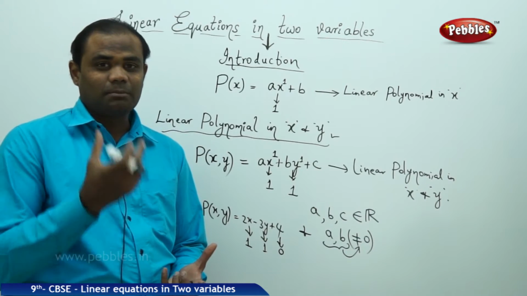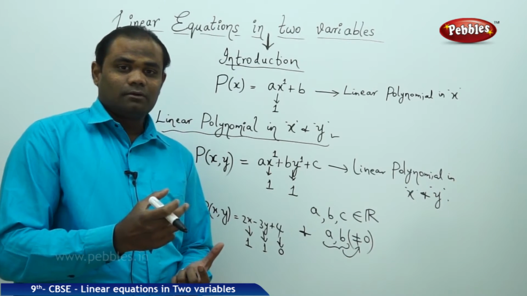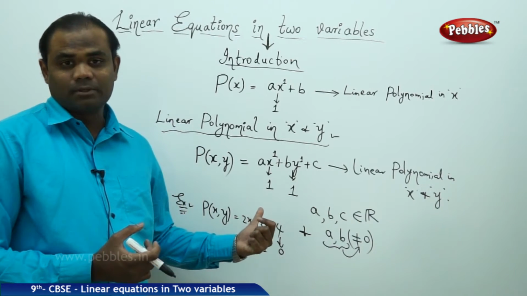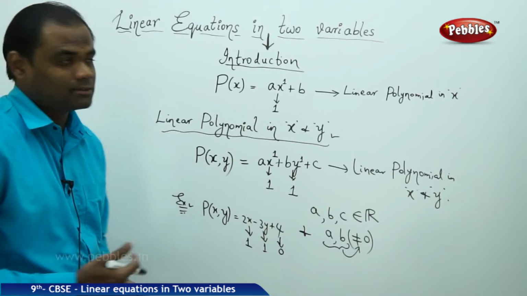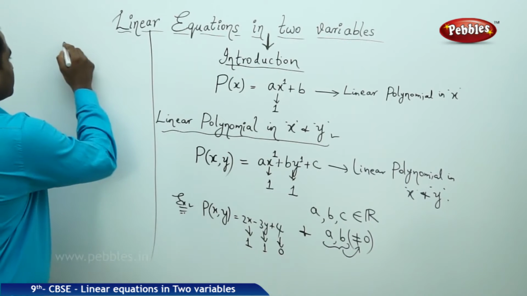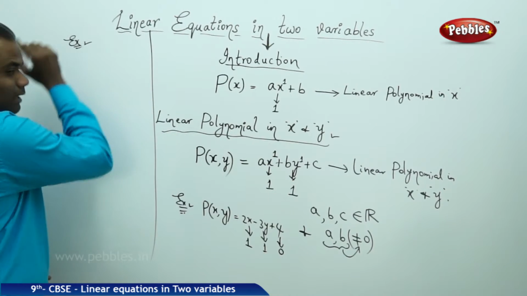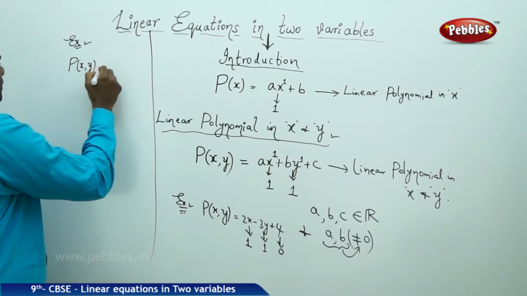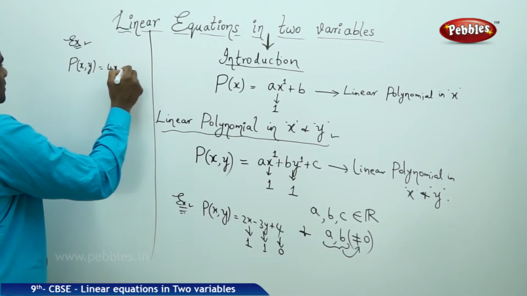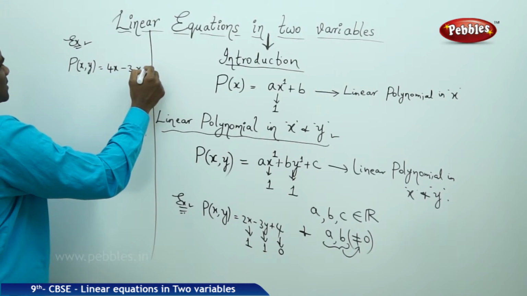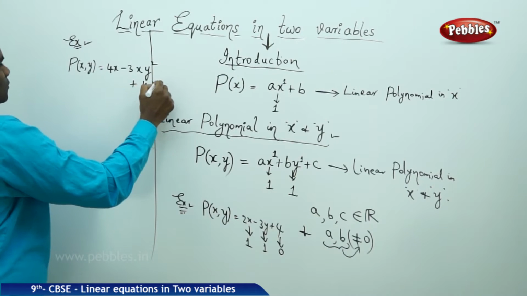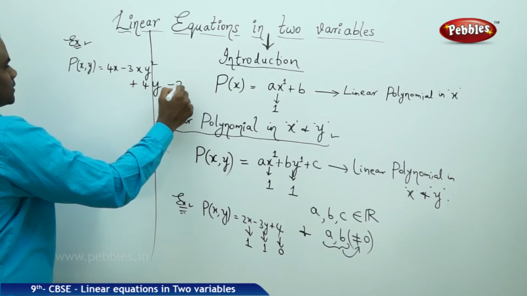Now let's take an example problem where we do not have a linear polynomial. The contradictory to this example is what we are going to discuss next. For example, I have p of x y is 4x minus 3xy plus 4y minus 3.